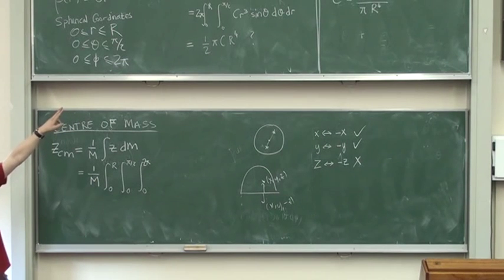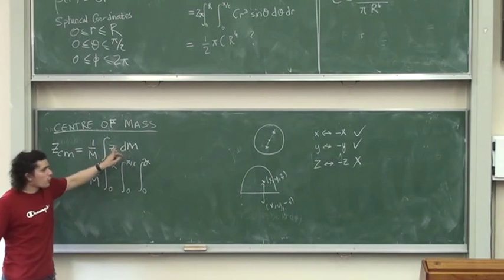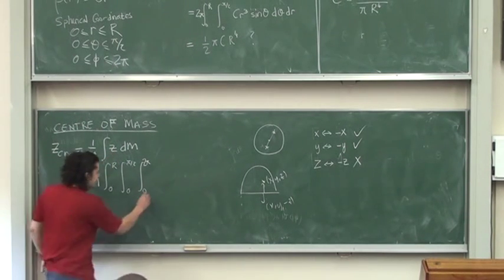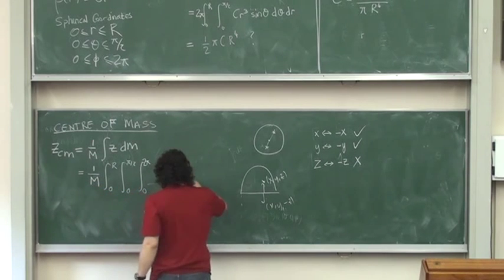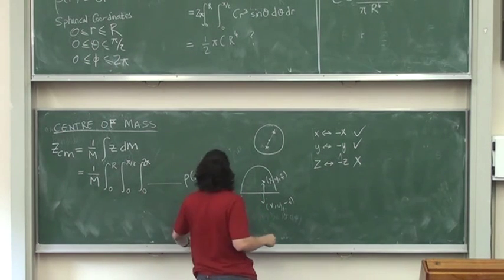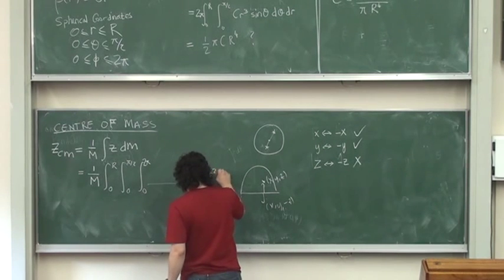We still have rho of r dV. That's still what dm looks like. There's just one extra thing, z. So it's going to be z times rho of r dV. And dV we may as well write out as r squared sine theta d phi dr.